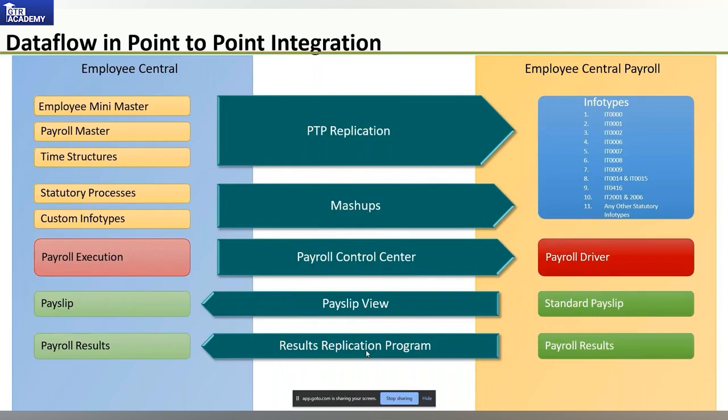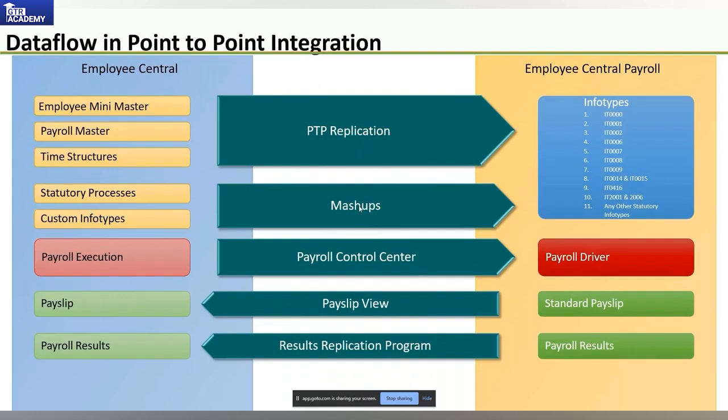Regarding the mashups, for the PTP replication and mashups, I understand that PTP is a configuration for some field mapping. And the mashups are directly maintained, correct? That is the difference. Replication is a configuration. It goes through the SF API and data through the replication program.